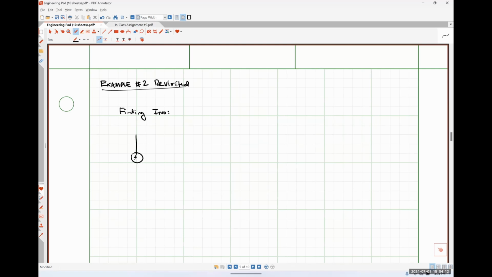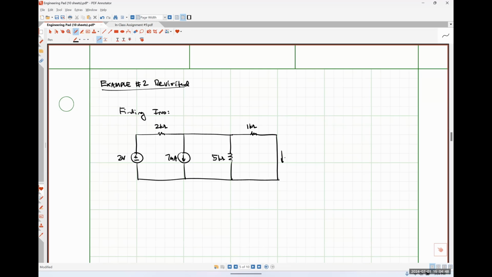So we have a 3-volt source in series with a 2 kilo ohm resistor. Here's our 7 milliamp source. Here's our 5 kilo ohm resistor. Our 1 kilo ohm resistor. And now I short my terminals and I find the current flowing through my short.